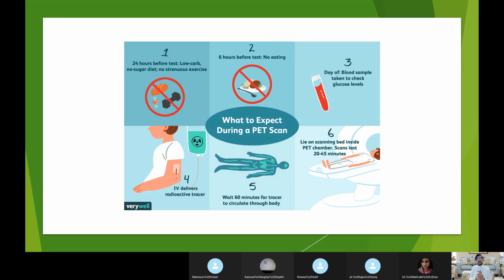An IV delivers radioactive tracers, and you wait 60 minutes for the tracers to circulate in the body. Then you go for the scan. So it's a process of about 4 or 5 hours for the PET scan. It's a difficult procedure. Like I mentioned earlier, for a CT scan, we just need maybe 15-20 minutes.